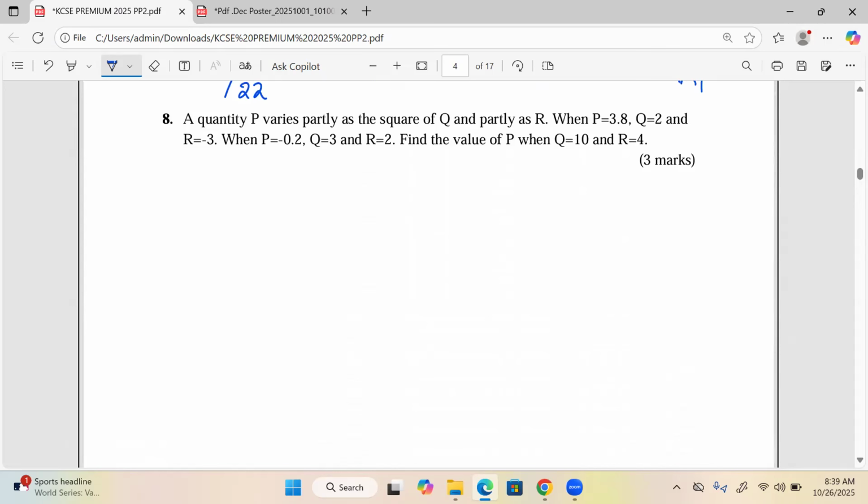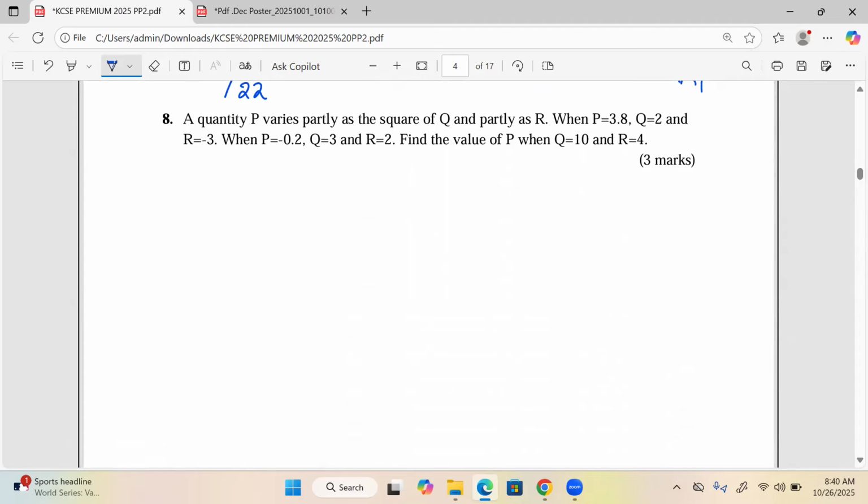We are told that when P is 3.8, Q is 2 and R equals -3. When P is -0.2, Q is 3, R is 2. Find the value of P when Q equals 10 and R equals 4.